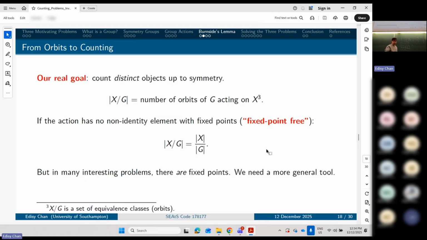So when we talk about the group action on this X, we get 5 orbits here. Then this number, X quotient G, is just 5. We're just counting how many equivalence classes there are.